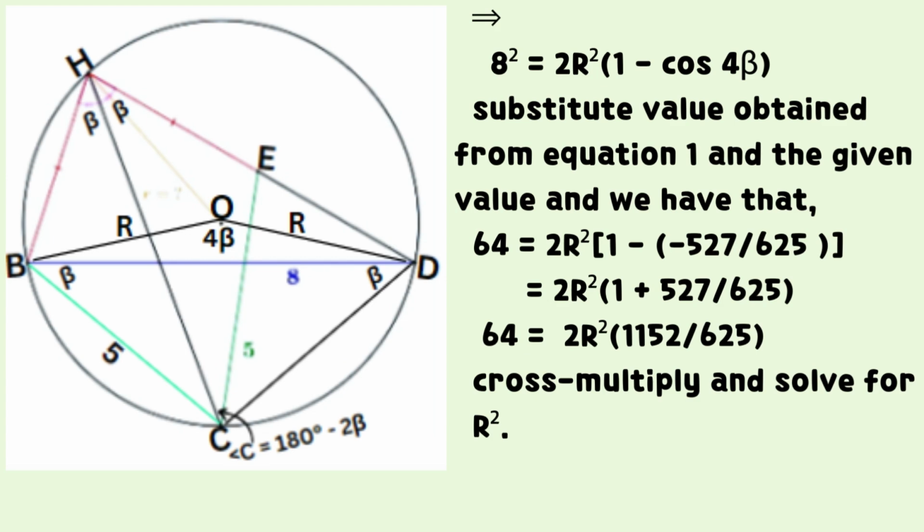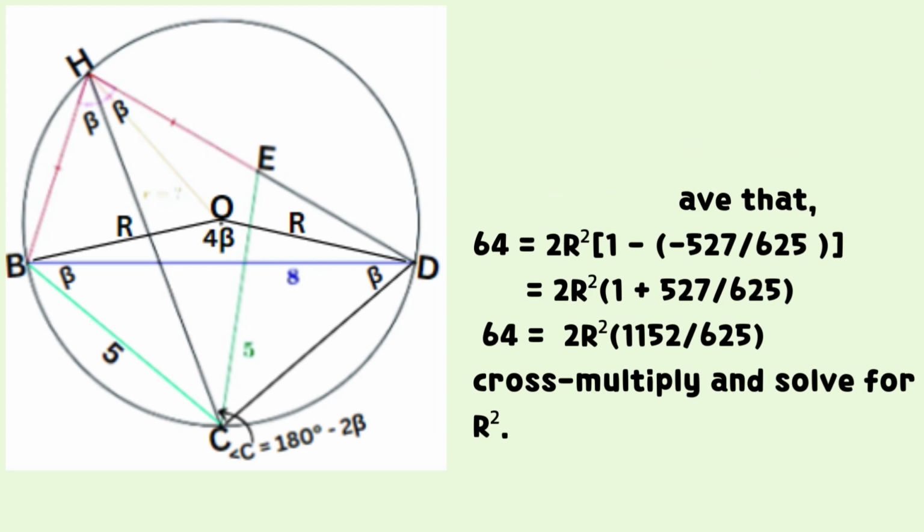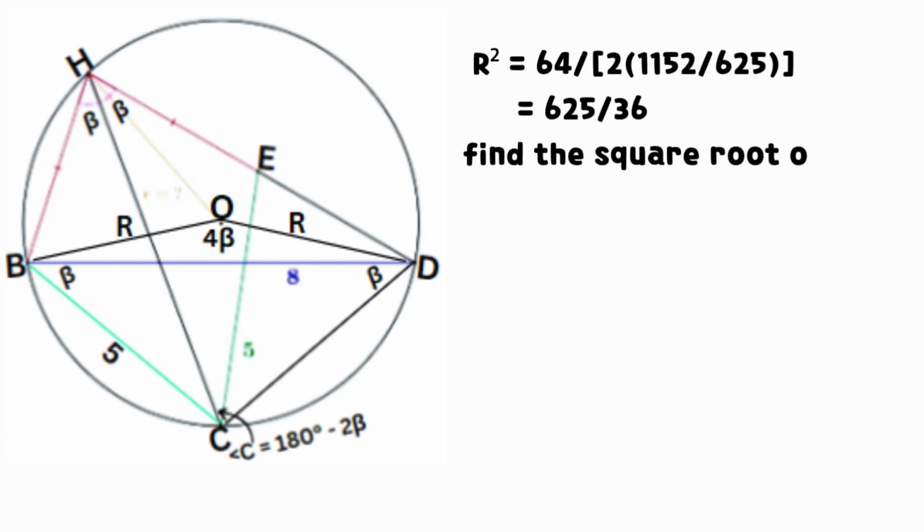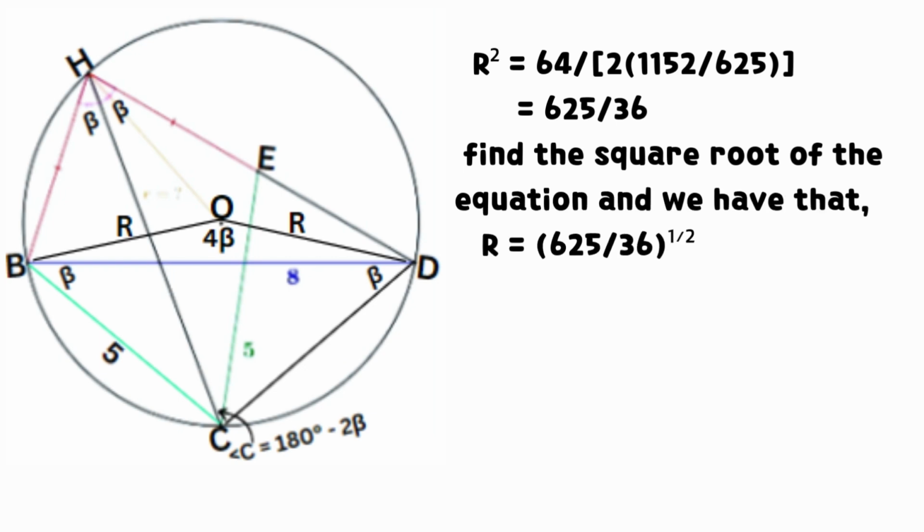Cross-multiply and solve for the square of r. The square of r equals 625 divided by 36 after substitution and simplification.